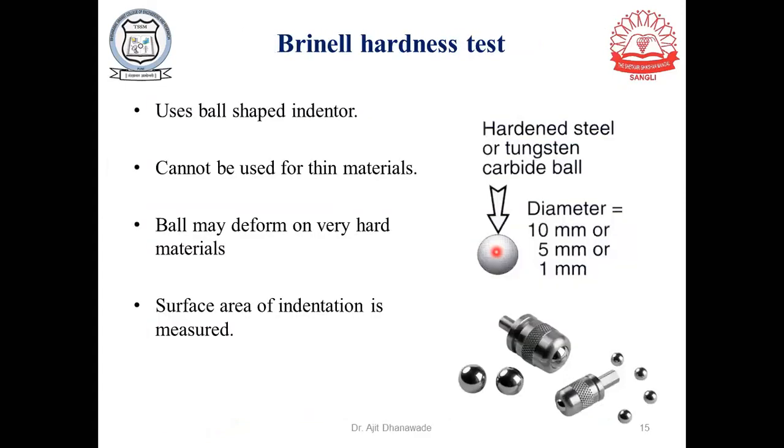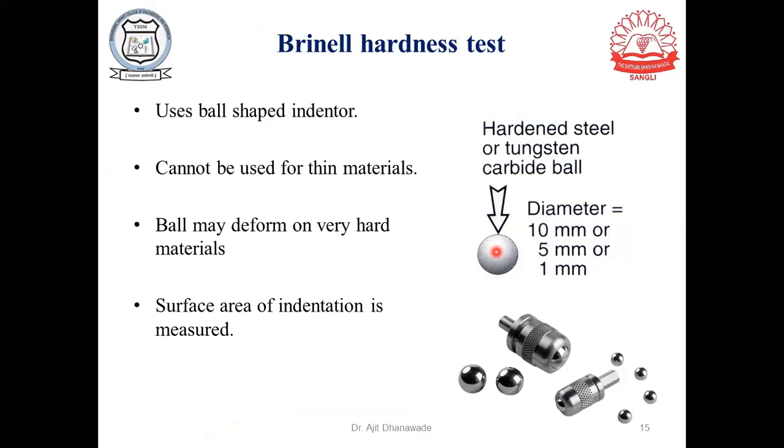Now, the first test is the Brinell hardness test. In the Brinell hardness test, specifically ball shaped indenters are used. Remember this thing. Brinell hardness test म्हणजे ball shaped indenters. हे पाठच करायचं clearly. But the biggest disadvantage of the Brinell hardness test is that this test cannot be applied on thin material.